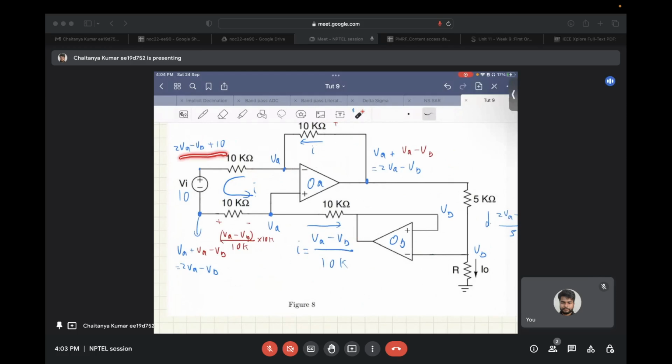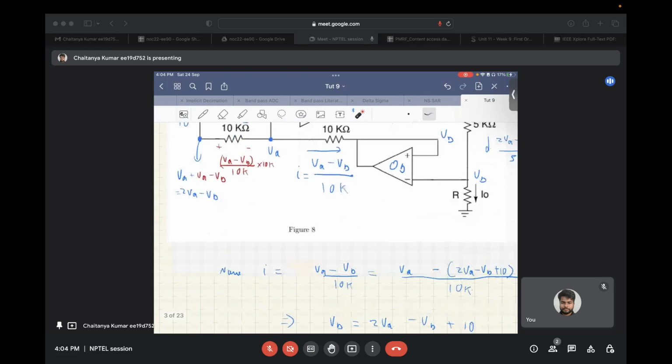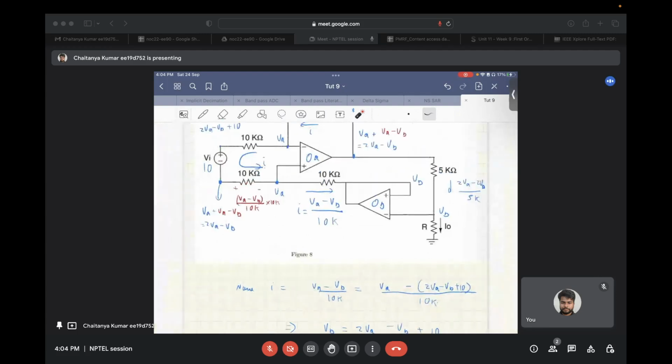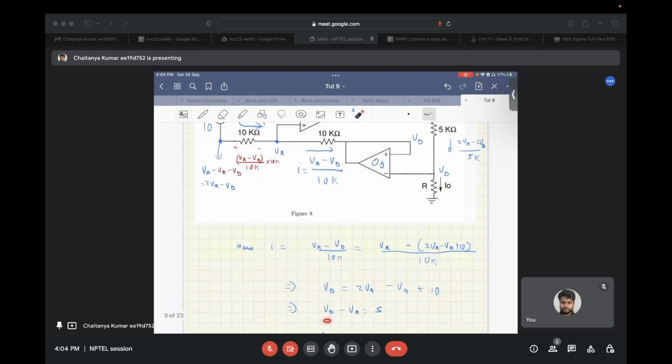And since we have found the voltages at both terminals of this 10 kilo ohm resistor, from there also we can find the current. So (VA minus VB) by 10 kilo ohm is equal to the voltage developed across this resistor divided by the value of this resistor, that is VA minus the voltage of this node, 2 VA minus VB plus 10. If you equate that, you get the value of VB minus VA as 5.